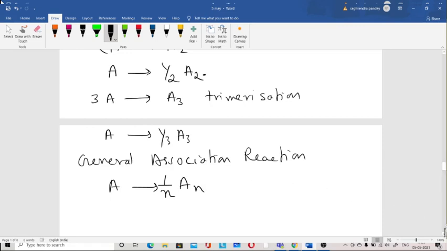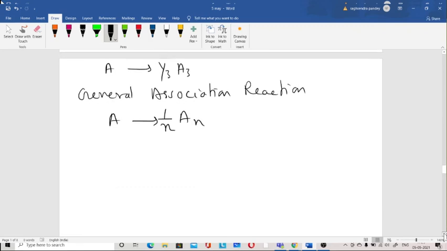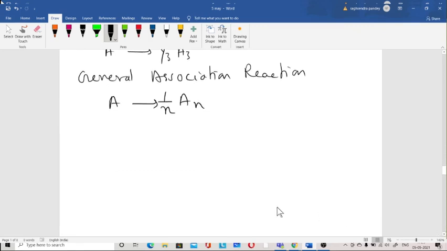Now, to count the total number of moles, have you understood this one? This is a general association reaction. So to count the total number of moles, how to do this? We will take some simple example first. Suppose 2N is giving N2. This is association, this is dimerization.